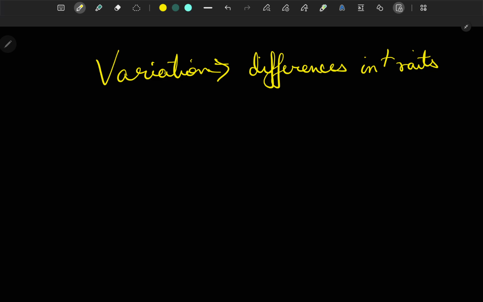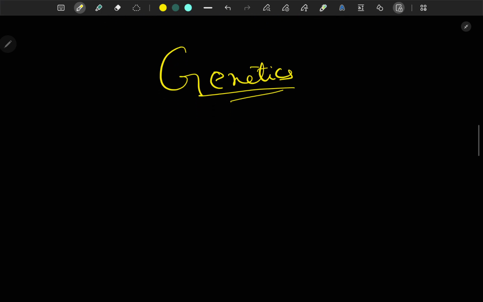A long time ago, when scientists were researching how these similarities and differences happen, they found the answer in the 20th century through the development of a field called genetics, which we'll mainly study in this chapter. So, what is genetics?